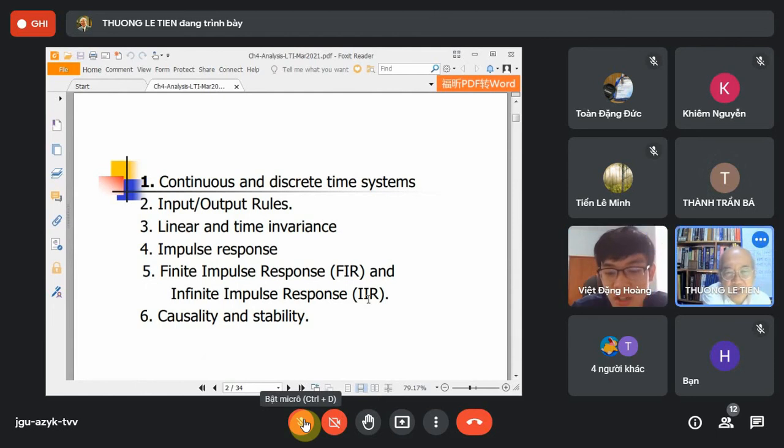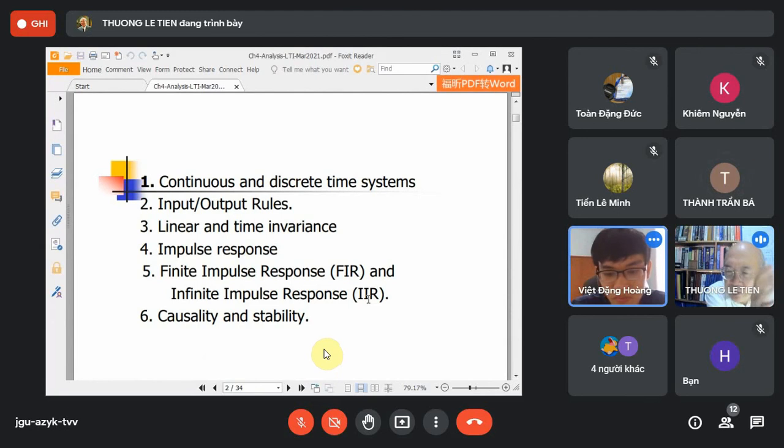Okay, so remind you again, it is very easy to remember. An FIR system is a system whose impulse response has a limited number of samples, or the length of the impulse response is limited.